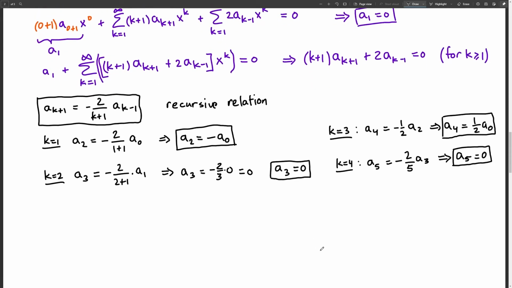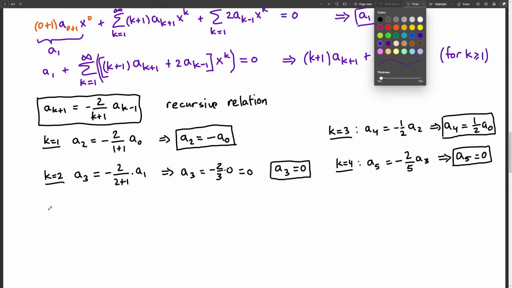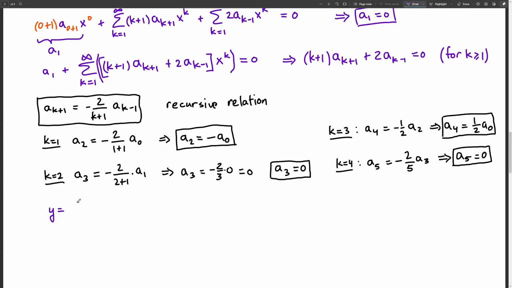And so what does our solution look like? Well, remember we started out with y equals summation from n equals 0 to infinity of a sub n x to the power n, which is a0 plus a1 times x plus a2 times x squared plus a3 times x cubed plus a4 times x to the power 4 plus a5 times x to the power 5.